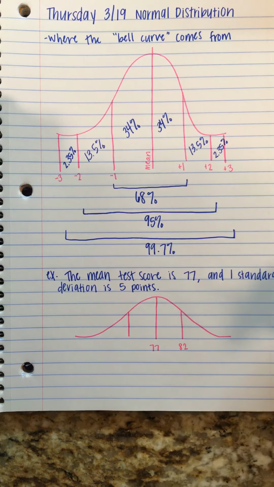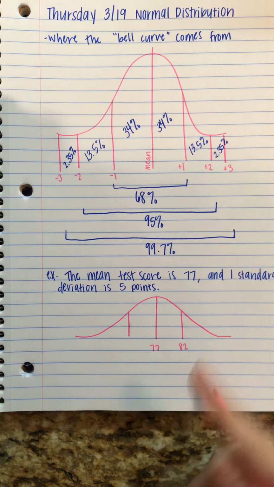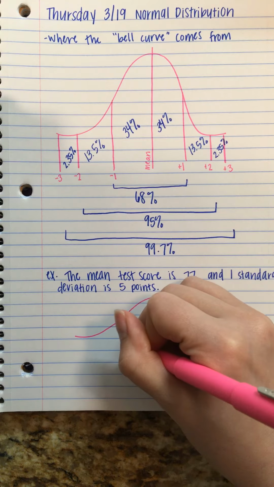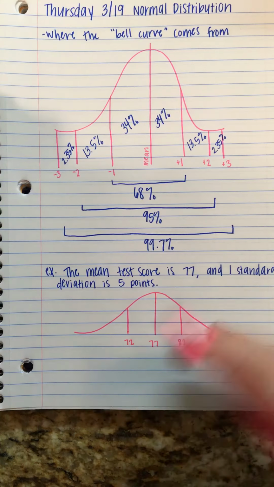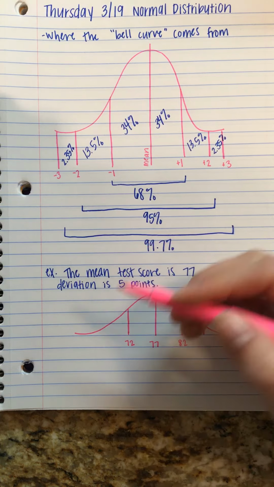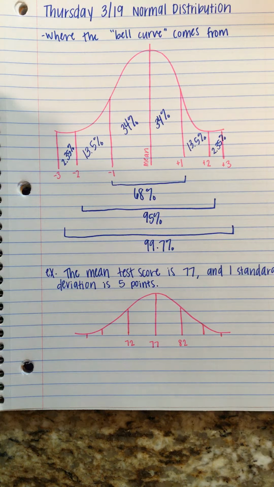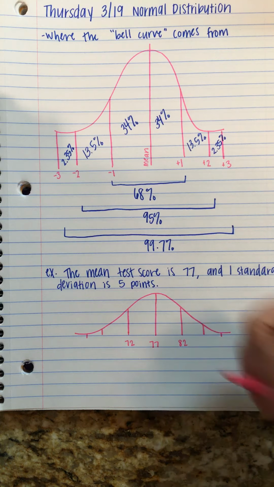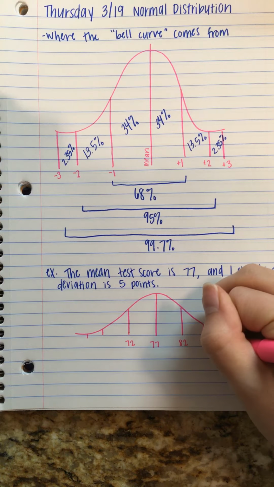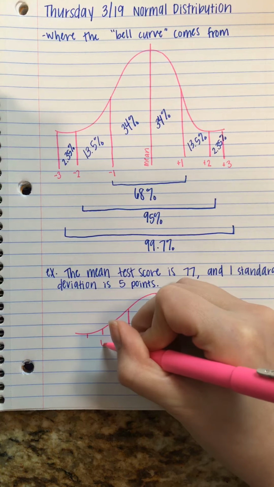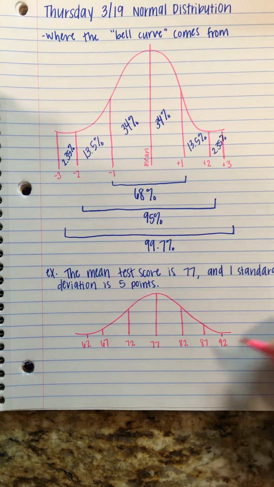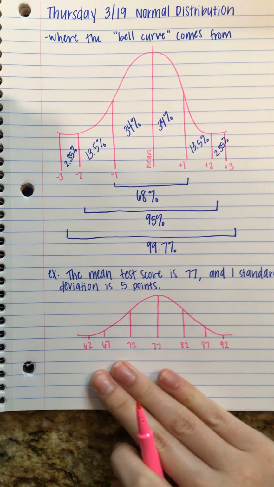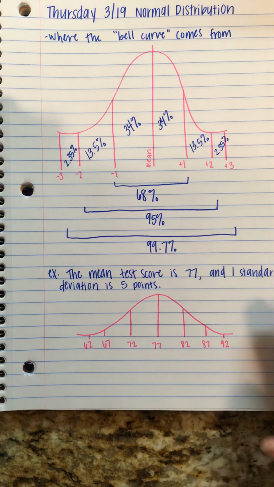Go to the other side. 77 minus 5, because I'm going down a standard deviation, 72. And I'm going to keep either adding or subtracting 5 to fill out 2 standard deviations and 3 standard deviations. Okay, 82 plus 5, 87. So I filled in my mean and my different standard deviations.